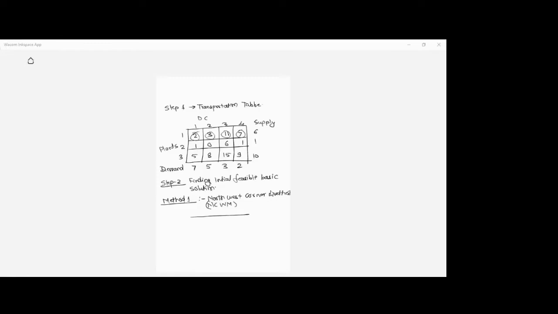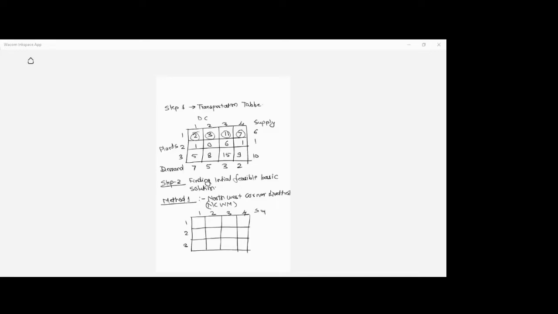Here we have 1, 2, 3, and 4 as our destination centers. We have 3 plants with us, which are 1, 2, 3.